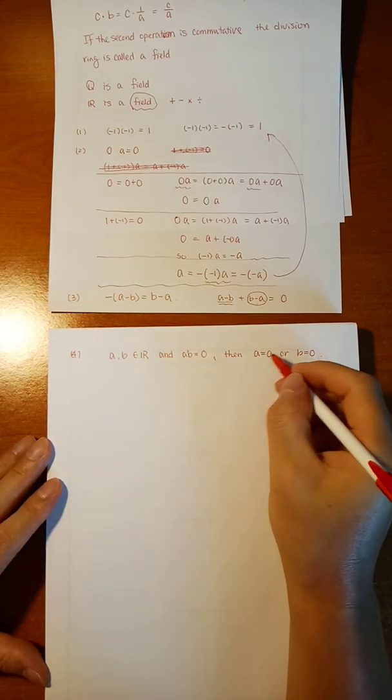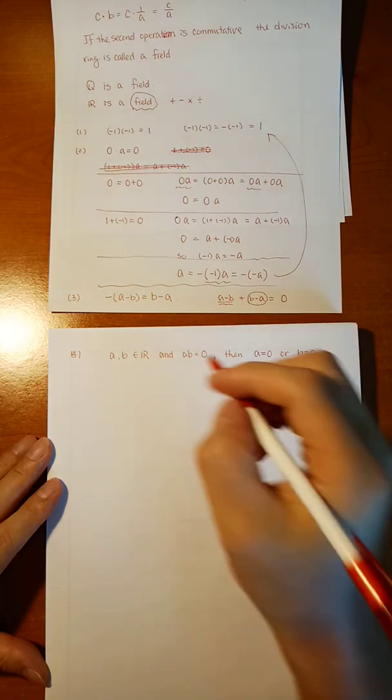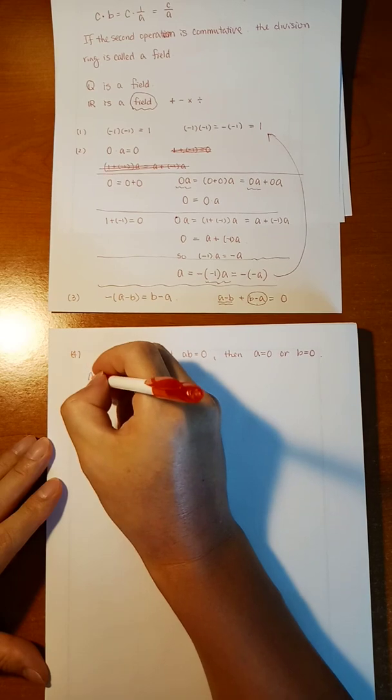Okay, so how do we show this? We show this by the following. We assume A and B are both non-zero.